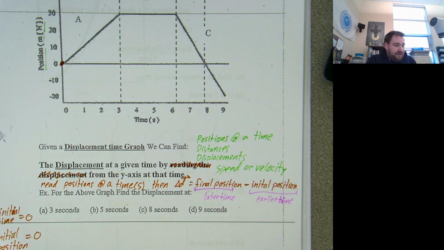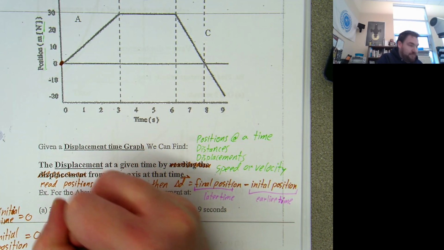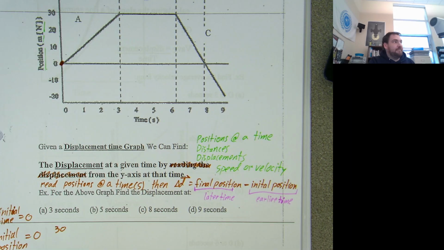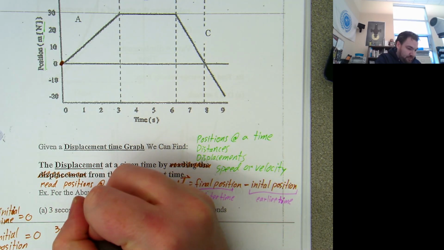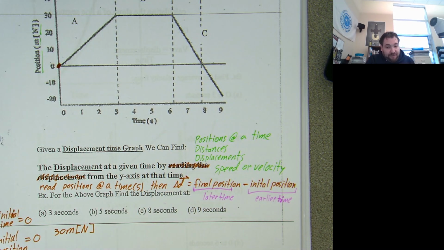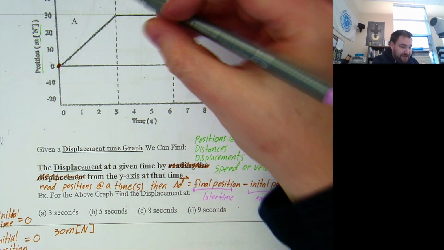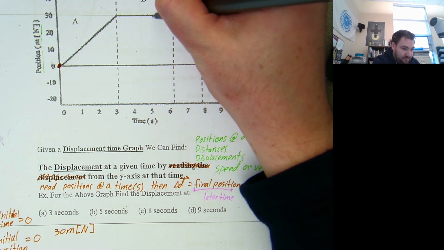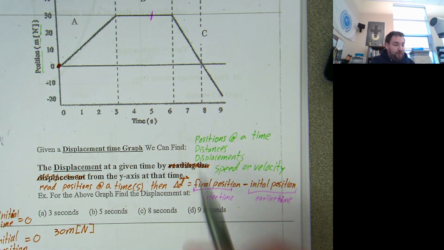So what's the displacement of our bug after 3 seconds? Take a look at the graph. 30 what? Meters north. After 5 seconds, what was the displacement? We go to 5 seconds, we go up to the line. It's still at 30 meters.